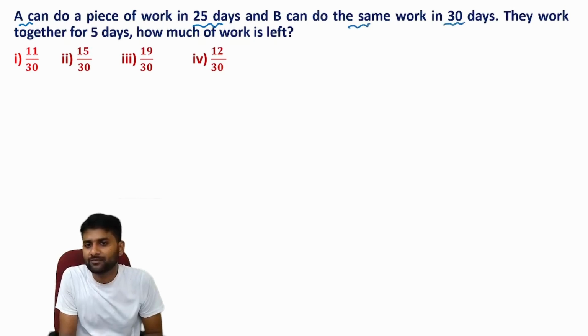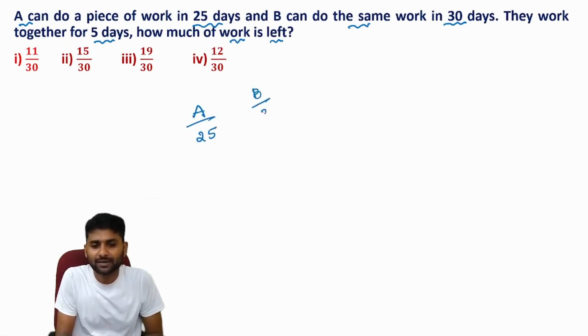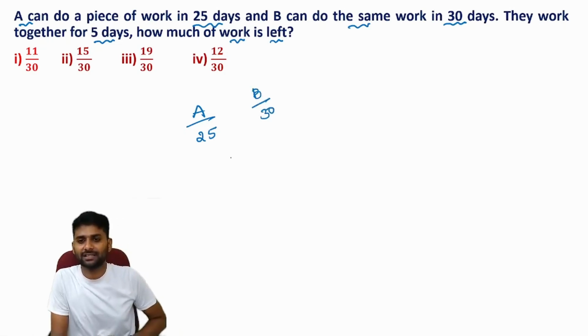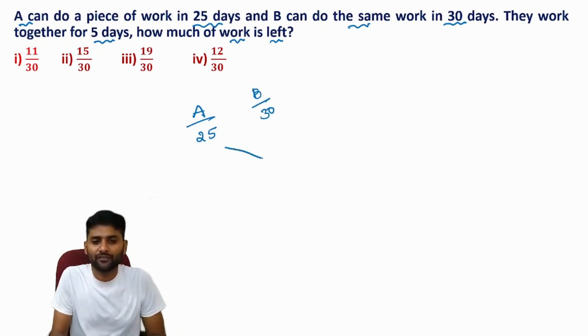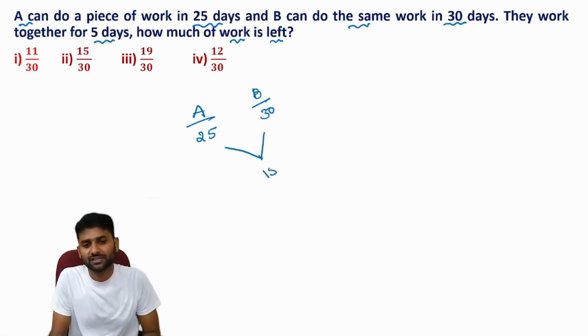B can do the same work in 30 days. They work together for 5 days. How much work is left? See, they clearly mention that A completes the work in 25 days. B completes the work in 30 days. They work together for 5 days. Let's find the efficiency. A efficiency 6 units, B efficiency 5 units.